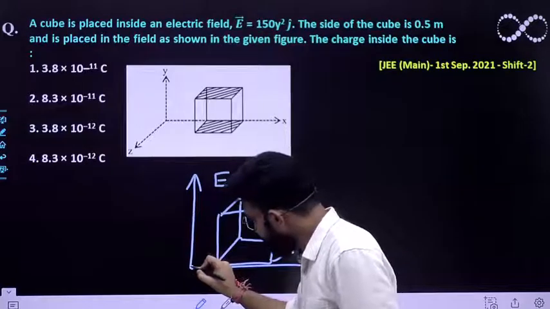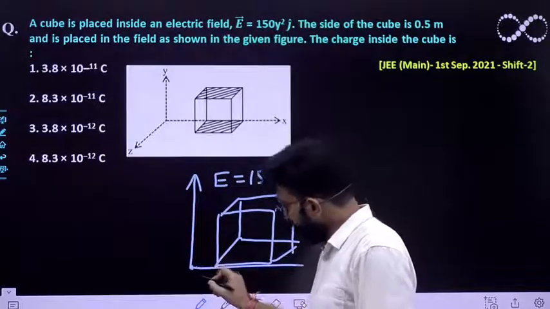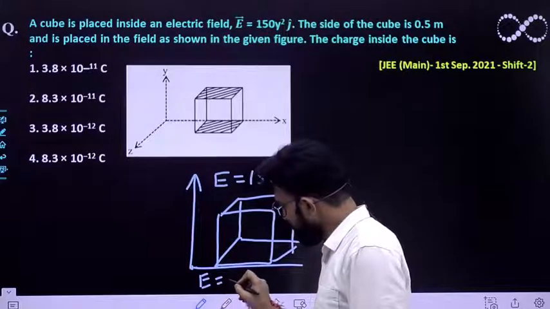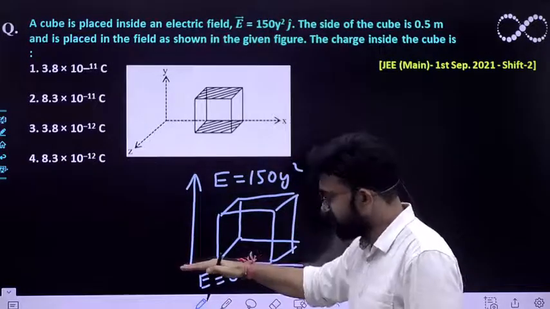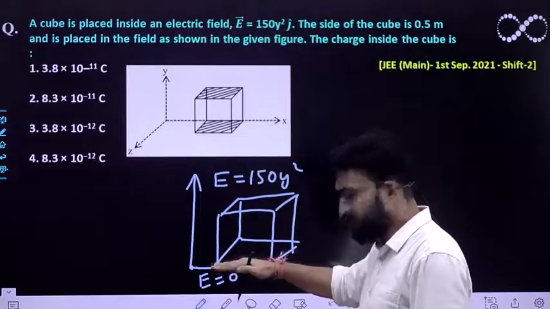So at x equal to 0, at y equal to 0, the electric field must be equal to 0, don't you think? Because y is 0, so at its base this electric field is 0.